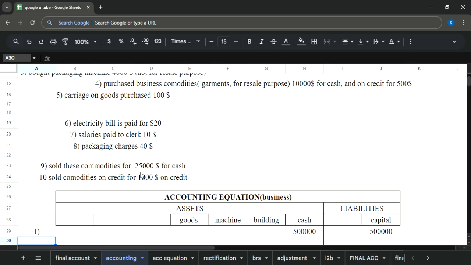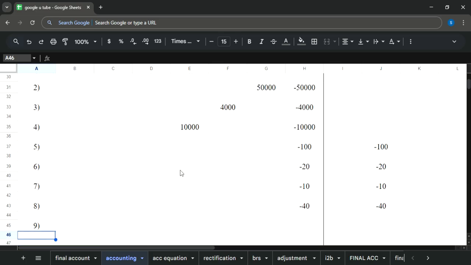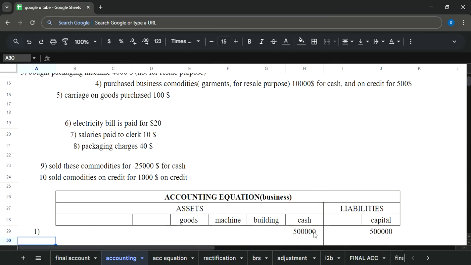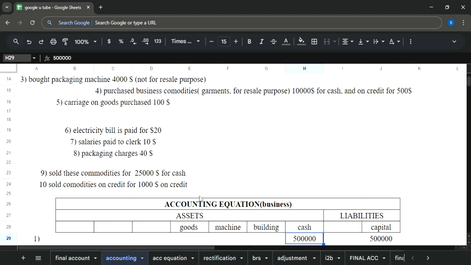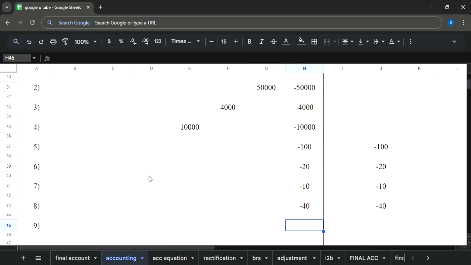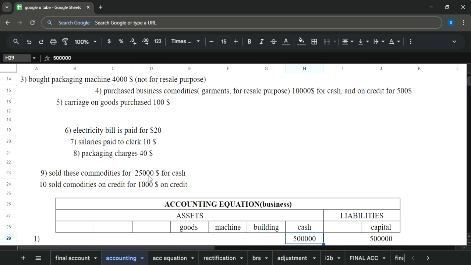Sold commodities for 25,000 for cash. So one favorable element had come. This was your cash. It means when you sell these commodities, look what we are doing, selling these commodities for 25,000 means 25,000 is coming in. On the other hand, what is happening?